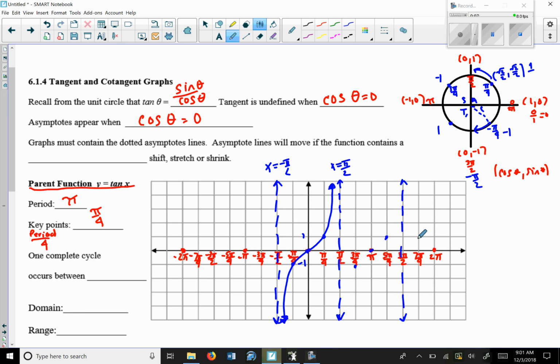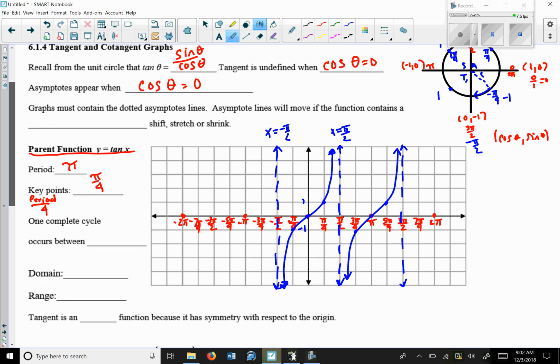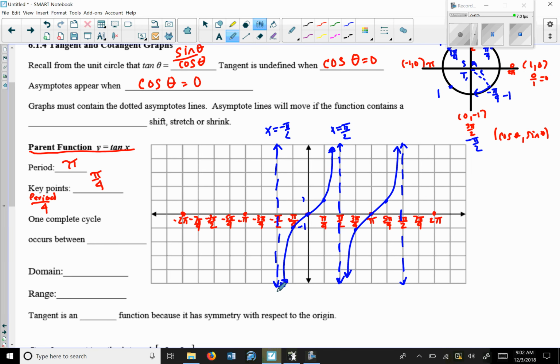So what's happening on this part of our graph, when we're in the second quadrant, we know that our tangent values are going to be negative. So when we're looking at this portion, we know this is going to go down towards negative infinity, and these values are going to go up towards positive infinity. And so you can see this is different than sine and cosine in their reciprocal graphs because this graph is repeating.